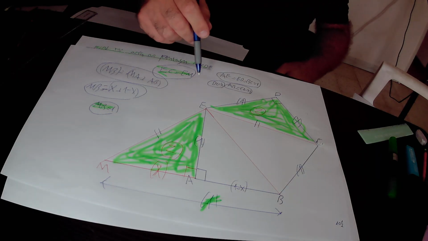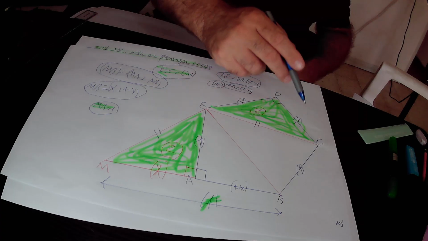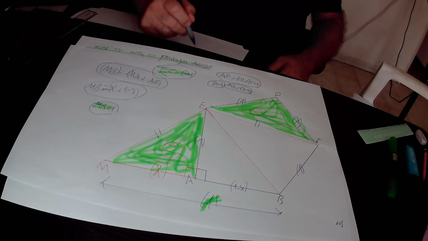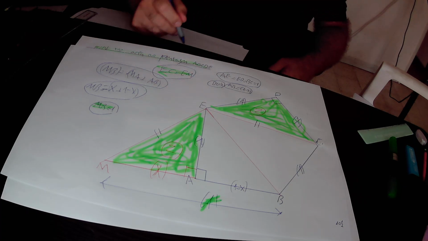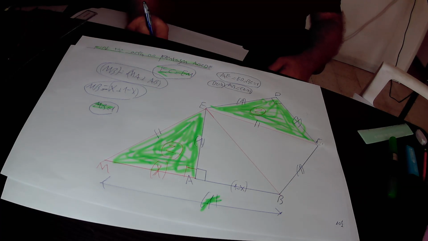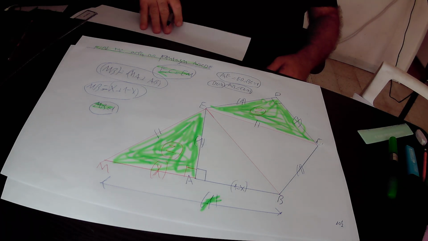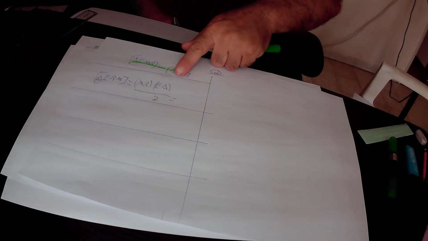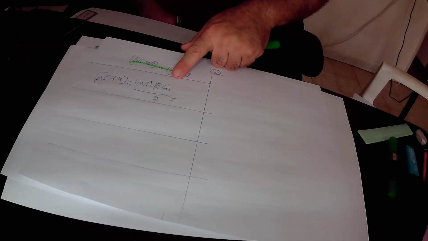Therefore, the area of this triangle EBM will be equal to the base MB times the height EA over 2.